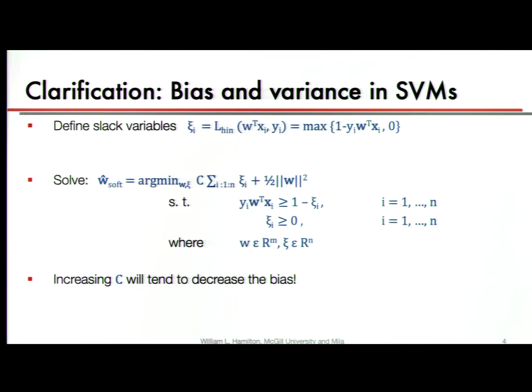The important thing here is that C is like the lambda term in L2 regularization, but it goes in the opposite direction. So if we make C really, really big, that means we care a lot about classifying the training data well, which means we're going to tend to have higher variance, possibly more overfitting. That's a clarification point, possibly very relevant to one of the quiz questions this week.